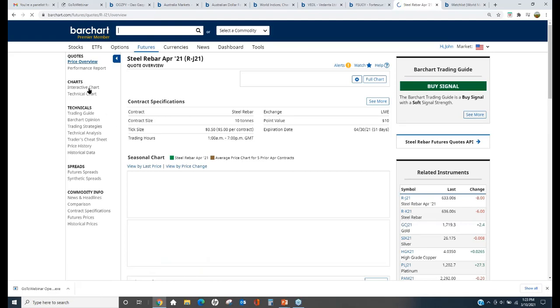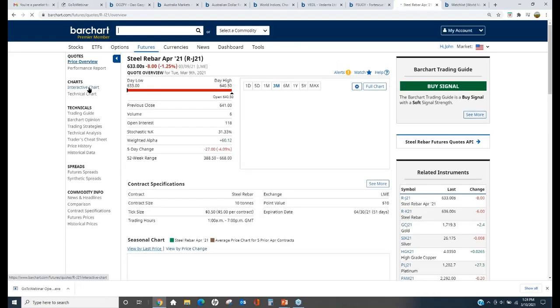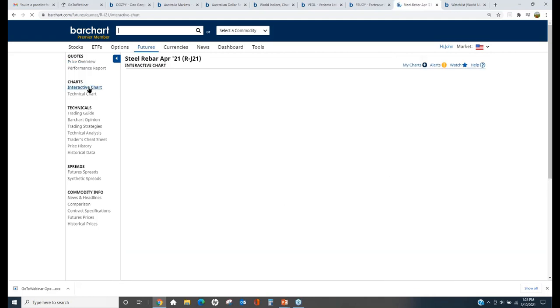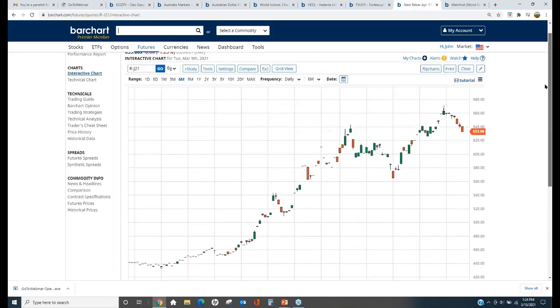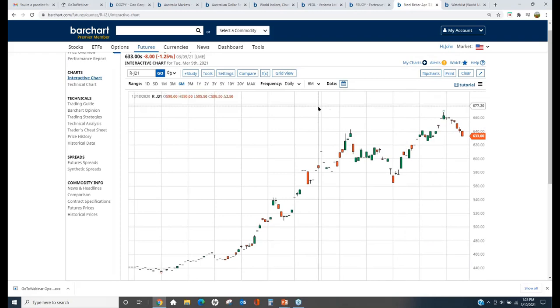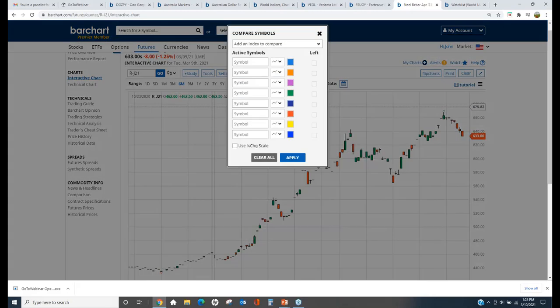And let's just go right to the chart. And we can see that steel prices have really accelerated over the last 6 months to the year. So what we can do now is, here's our steel chart, and we can compare it now to our stock, the one that we were just looking at.